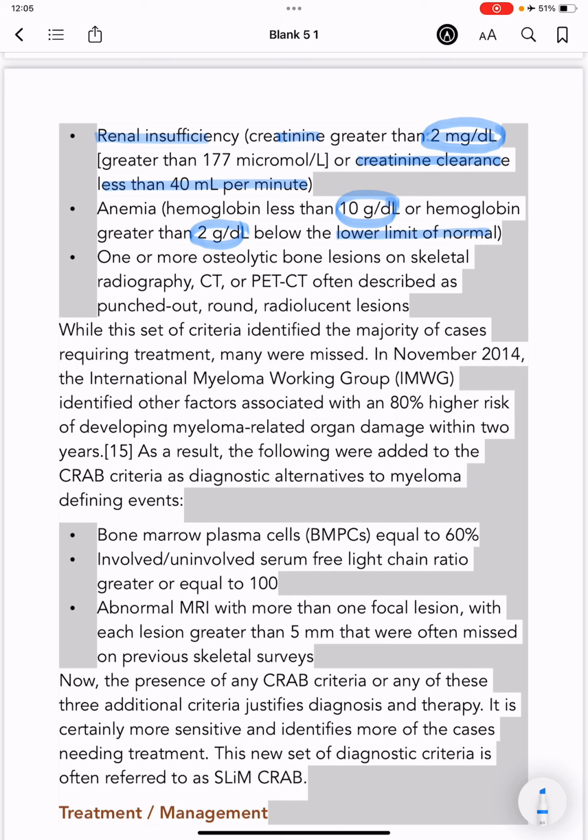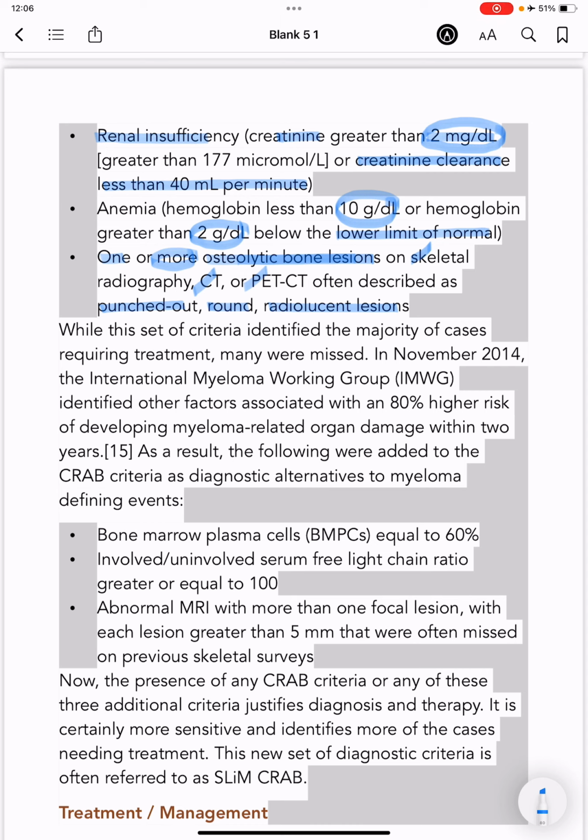Or one or more osteolytic bone lesions on skeletal radiography, plain radiography, CT or PET scan, often described as punched out round radiolucent lesions.